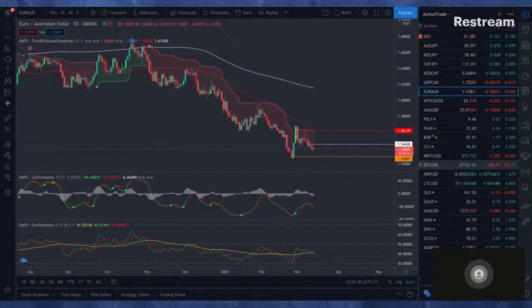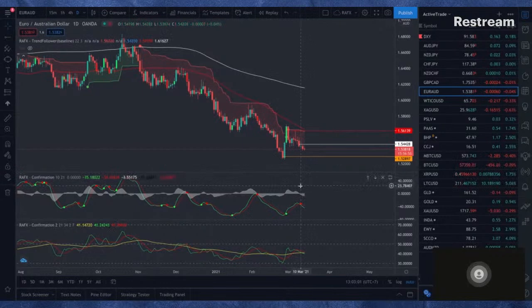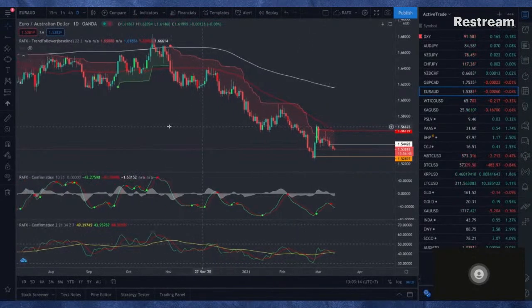The reason is the price is still way below the 50 baseline, supported by that sell stop here, that channel that is our sell stop, and the confirmation also has this sell sign, and the confirmation 2 is also in the sell zone. So by those indicators, I should stay on the trade.